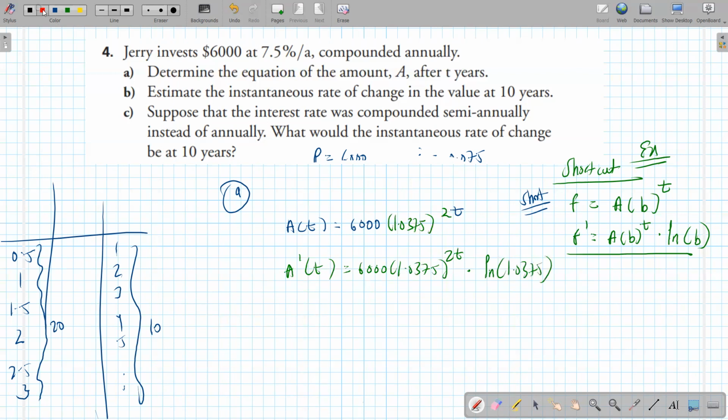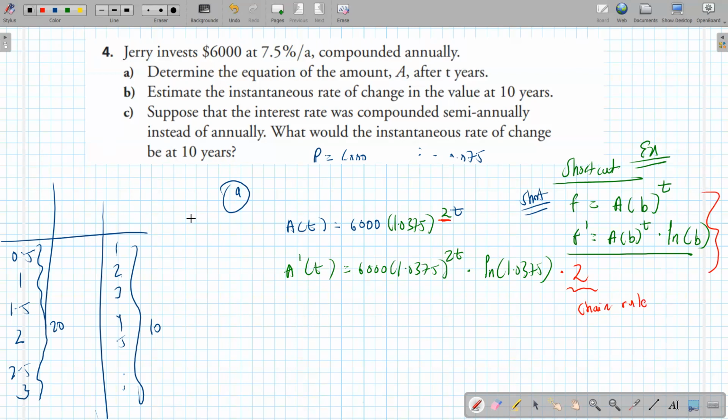But notice now that we added a 2 here, there was nothing being multiplied with a t. So if you add a 2 up there, you need to multiply this entire expression by 2 as well, like that. And this thing is called the chain rule. If you do something elsewhere, if you modify this in any way, you have to modify the latter expression in the same way. So we multiplied t by 2 up there. You need to multiply the entire expression by 2.